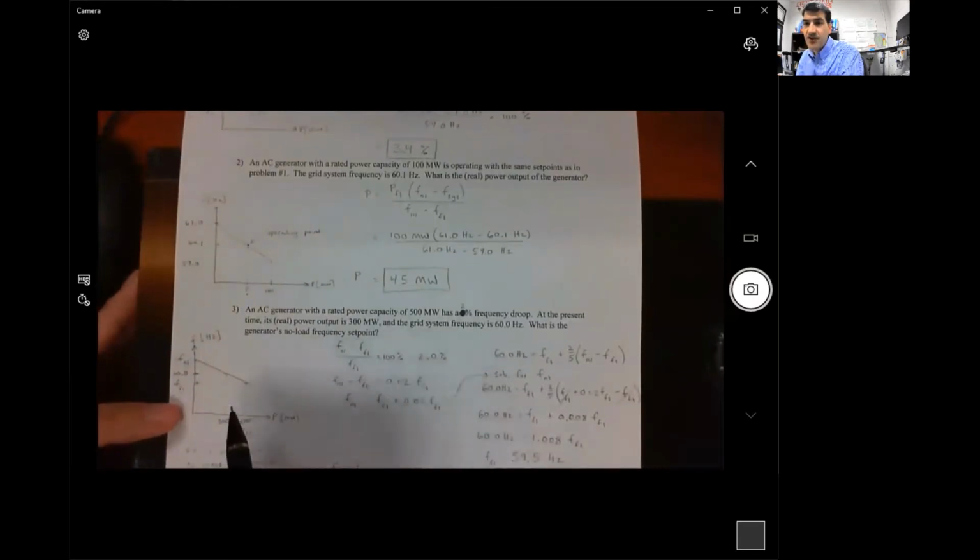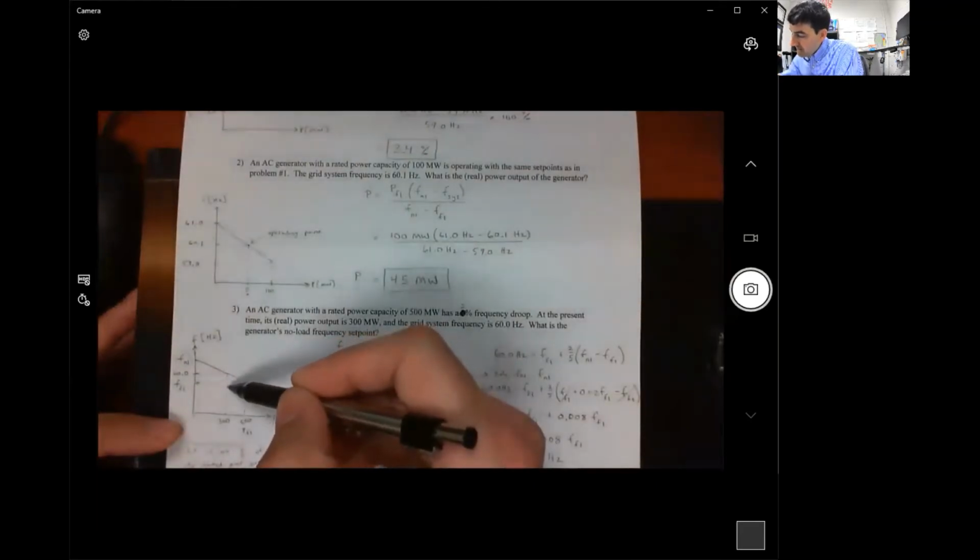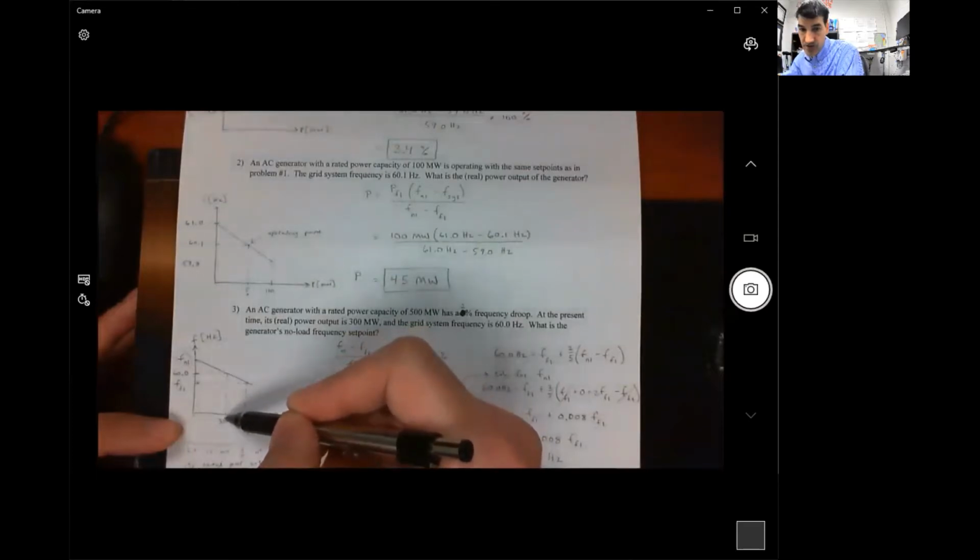I did it a little bit more based on intuition, or kind of graphically, because look at what you've got right here. This is what we know so far. Here's our operating curve, our droop curve, and we're operating right here at 60.0 hertz, and we know that the real power output is 300 megawatts.